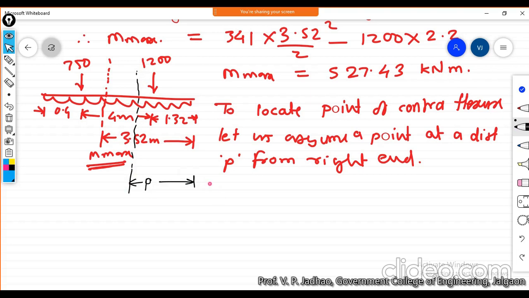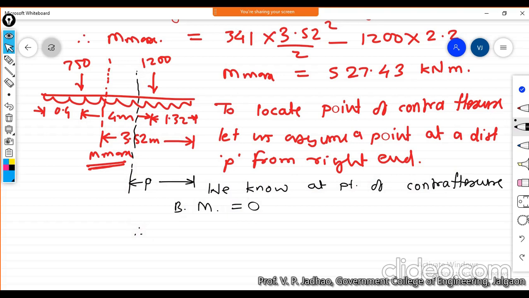Now we know at the point of contraflexure the bending moment will be 0.